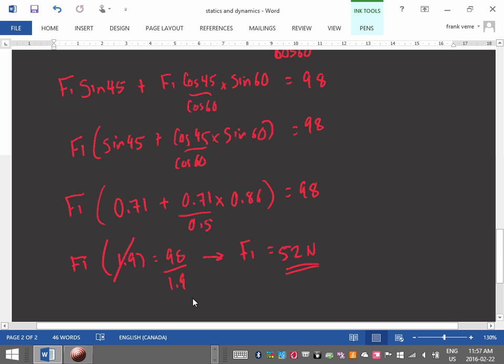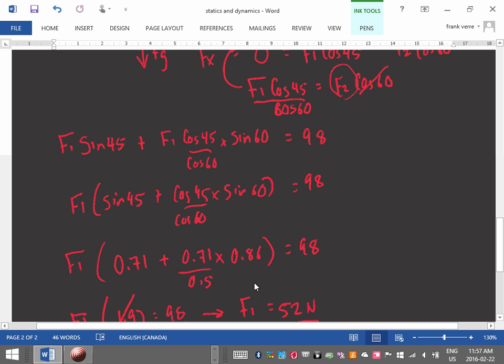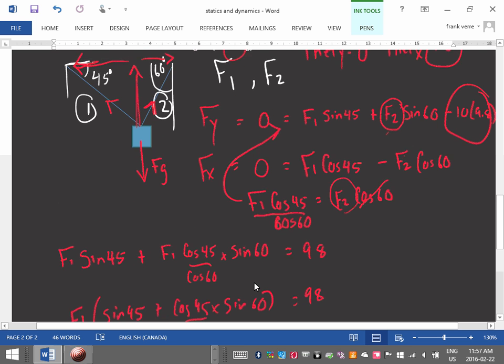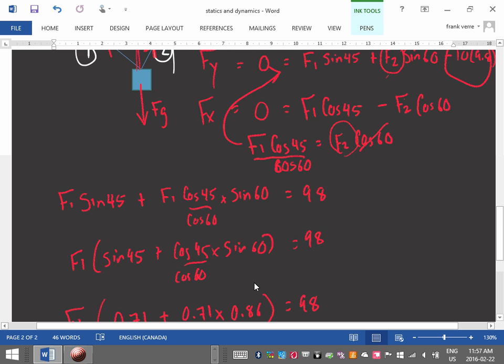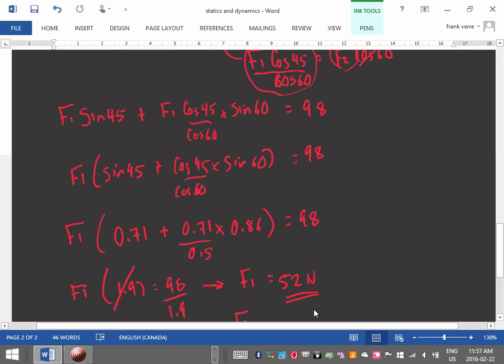So if we have F1, we could solve for F2, because we know the relationship between them. We know F2 is F1 cosine 45 over cosine 60. So we can go ahead and solve for F2.